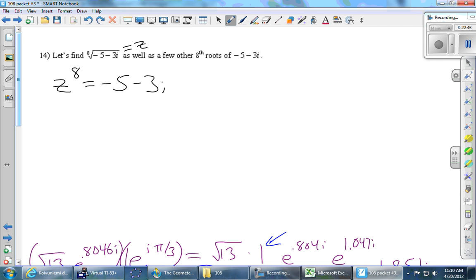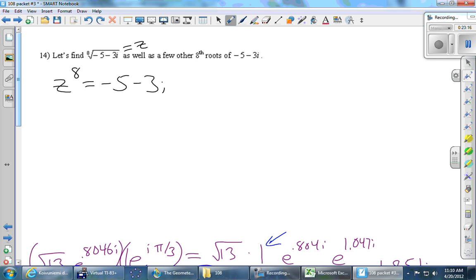Okay, so how do we find the 8th root of a number? How do we solve this equation? First, how many solutions are we expecting to this equation? 8. You guys remember something called the fundamental theorem of algebra, which says whatever the degree is, whatever that highest power is, that's how many solutions you're going to get.